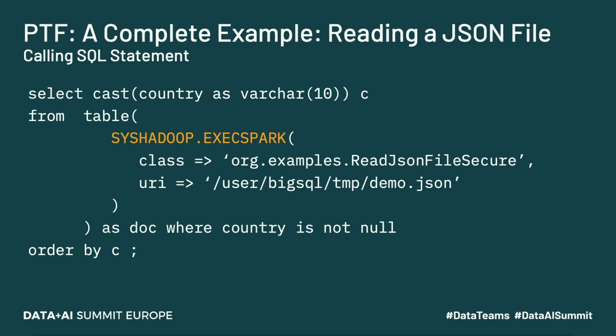And we are passing in a class which is implementing this functionality to read a JSON file. We will look at that next. And we are giving an additional argument, URI, which is the file which we want to present as a table. That's the call of the polymorphic table function.